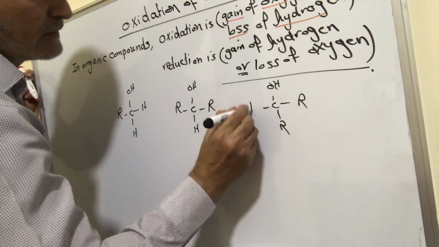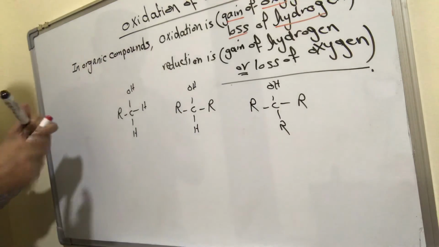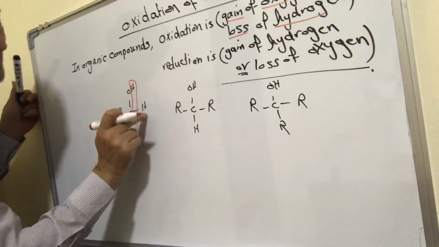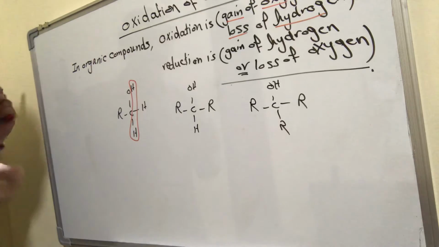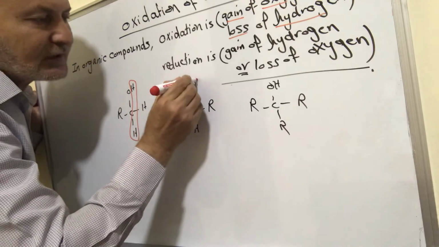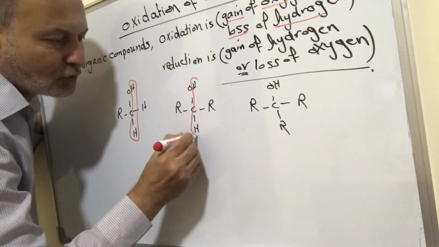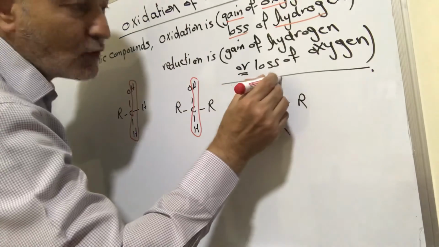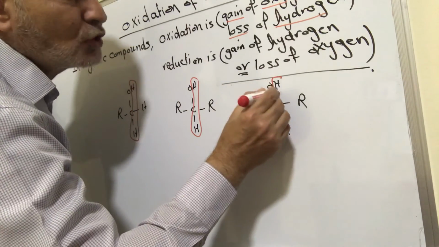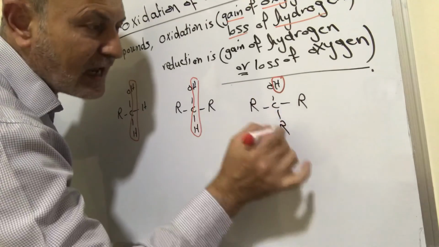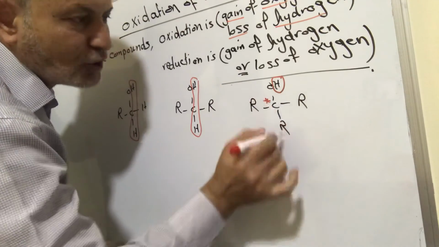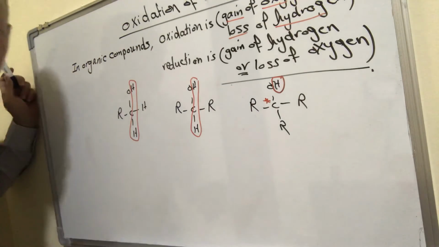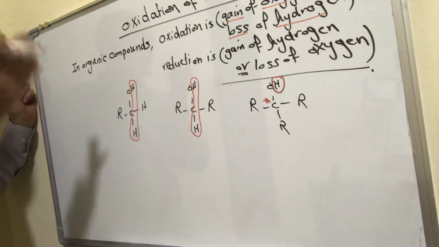Which is what? In the oxidation here, we took this H with this H. Or we can use this one with this one, I don't care. In the secondary also, you take this hydrogen with this hydrogen when oxidizing the secondary. The problem with the tertiary is that you have this hydrogen, but you don't have another free hydrogen on this carbon atom to be removed with it to oxidize it. That's why tertiary alcohol is not being oxidized.